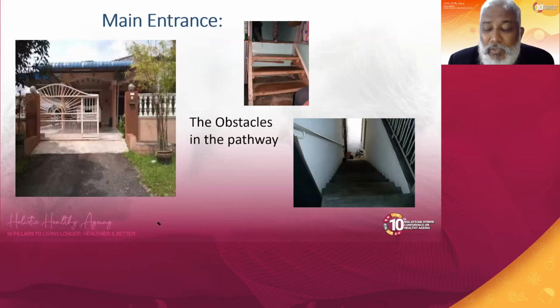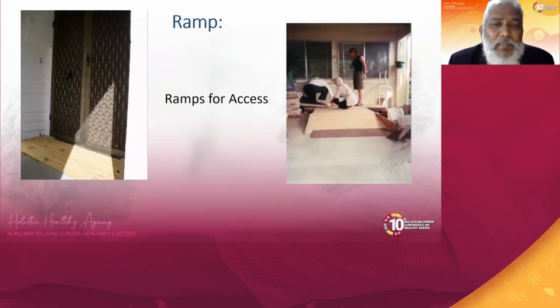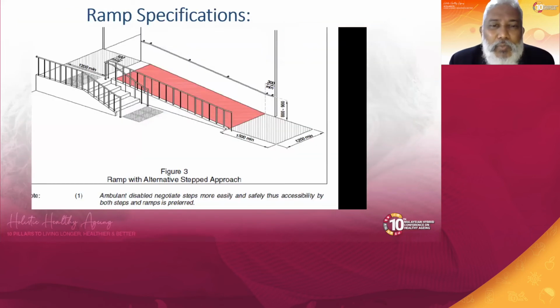All this we need to see whether they can enter or not. The ramps, whether a simple ramp can help them to access, especially those who are using a wheelchair. So they're easier to be pushed, and there are specifications for the ramps, what is the length of the ramp for easier push, or for self use of a wheelchair.